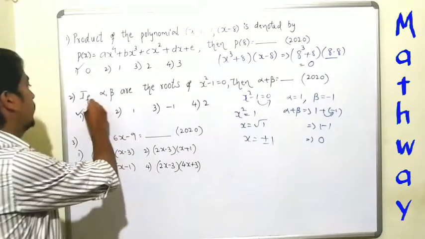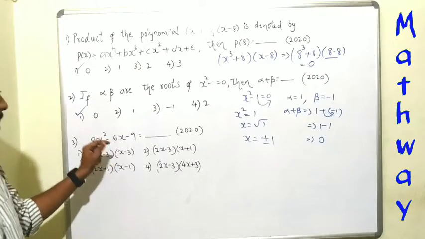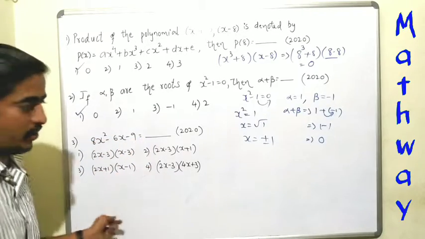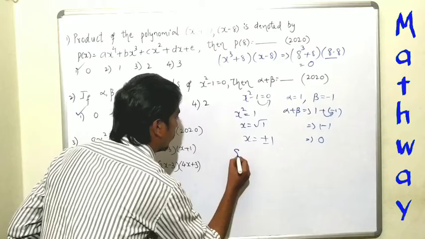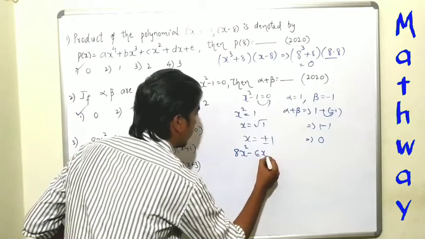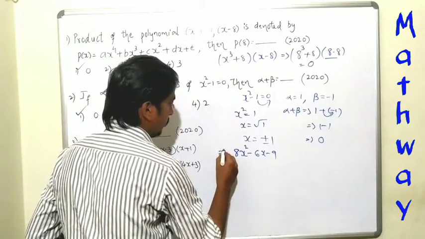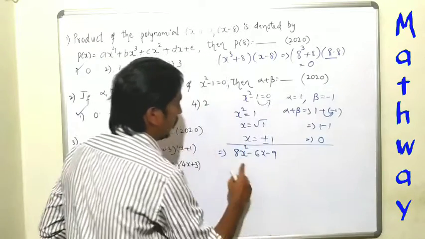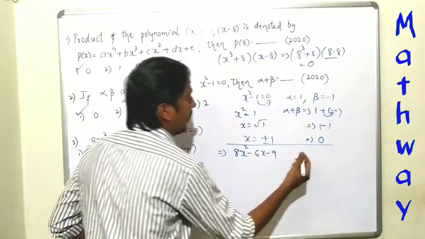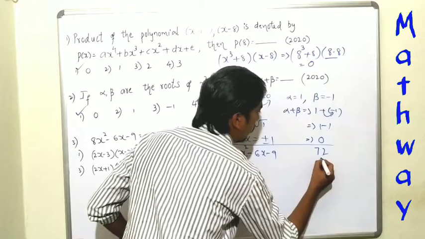The option is 1. Next question: 8x square minus 6x minus 9 equals what? So factorization. Let's factorize this. Take a into c: 8 into 9 is 72, minus 72. For now I am considering only plus 72.